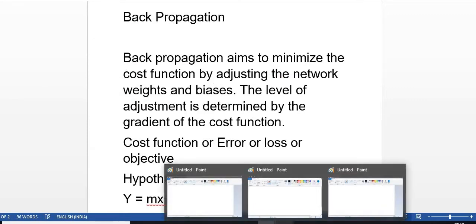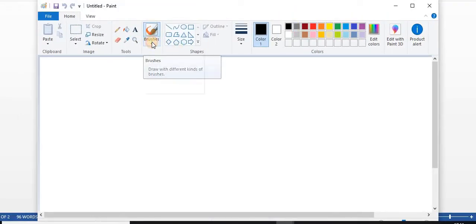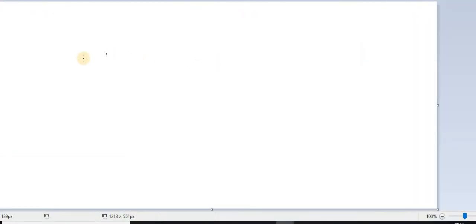Mean squared error I already covered. Now I am talking about the mean absolute error.